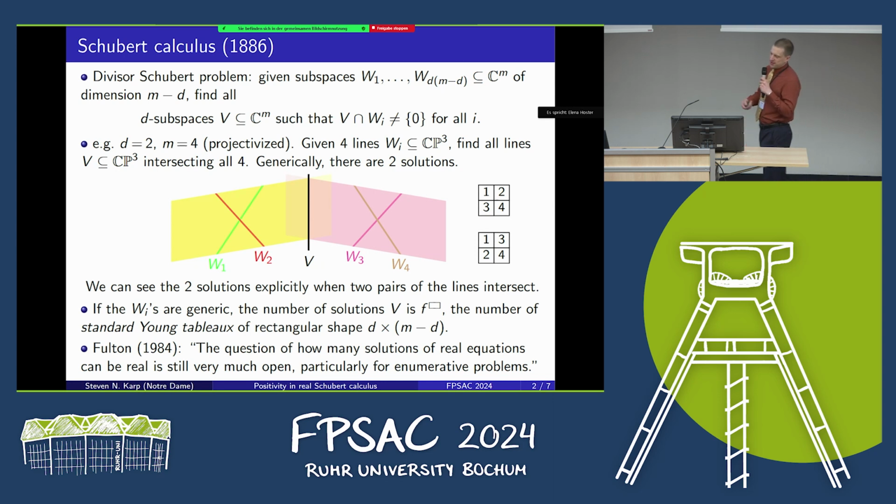But we're going to focus on this very particular problem posed by Fulton in the 80s for general enumerative problems, which is this question of how many solutions of real equations can be real. So for the Schubert problem, if we're allowed to fix these w_i's to be real subspaces, how can we maximize the number of real solutions v? Can we get all of the solutions v to be real?